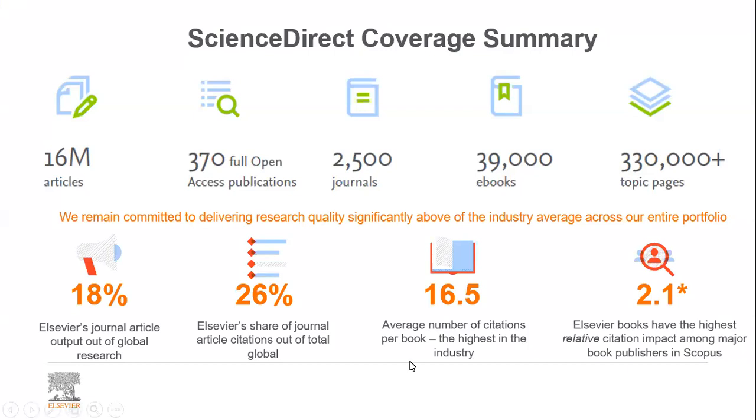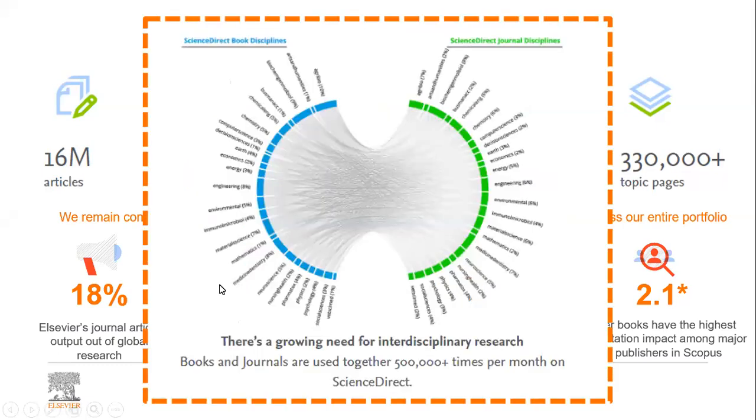It covers the quality. 26% of the citations come from Elsevier journals. So it brings you qualified scientific content that will be useful for your studies and career. And another benefit of ScienceDirect that we will talk about is that we provide this content on one platform.